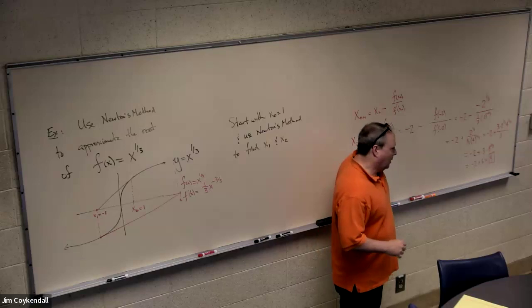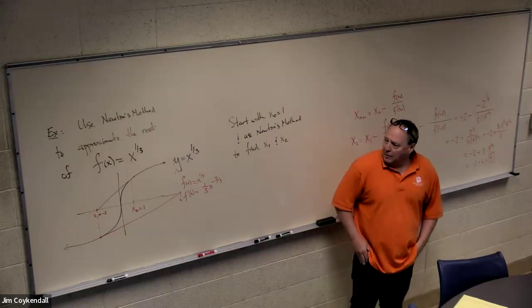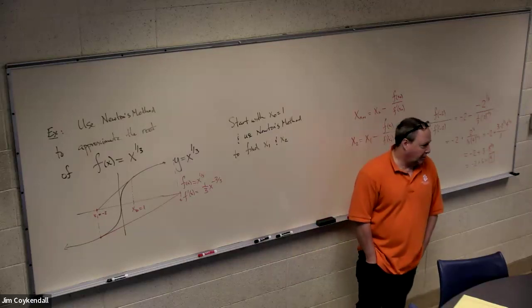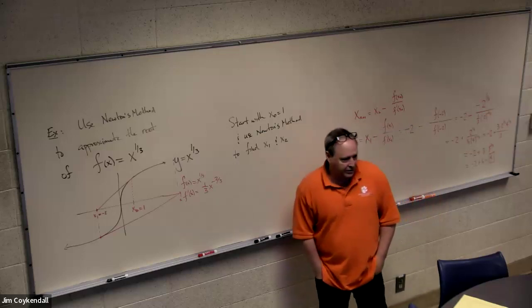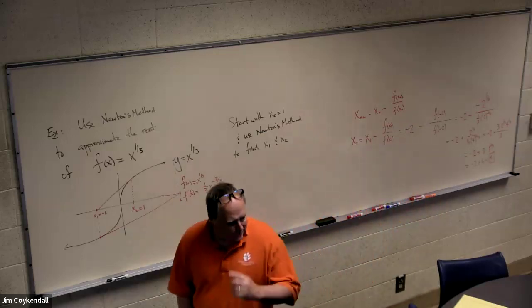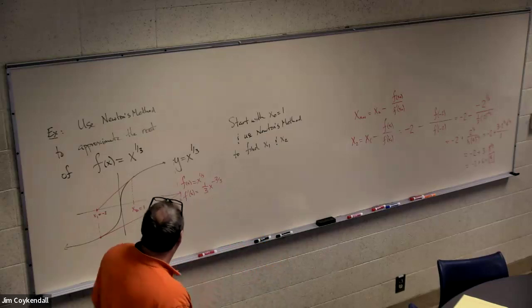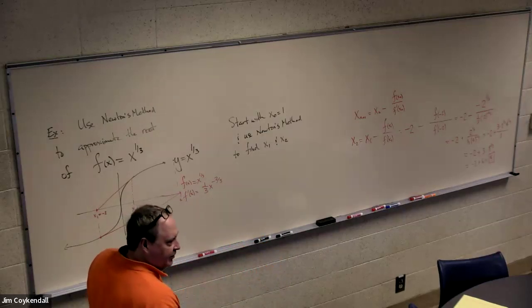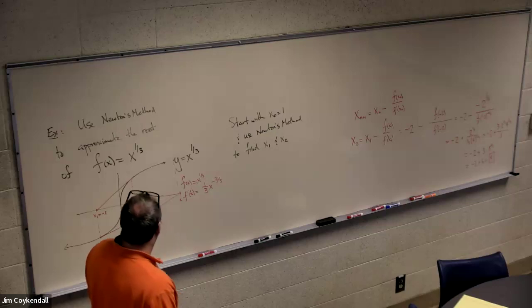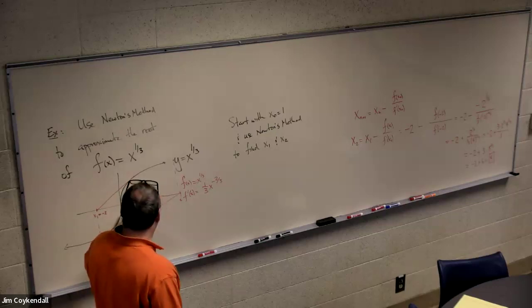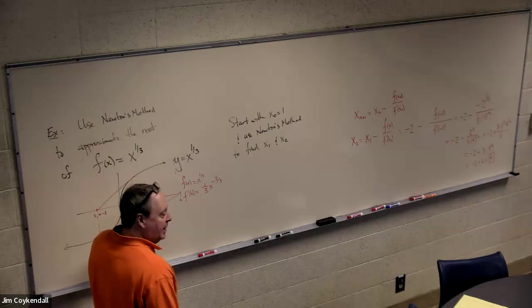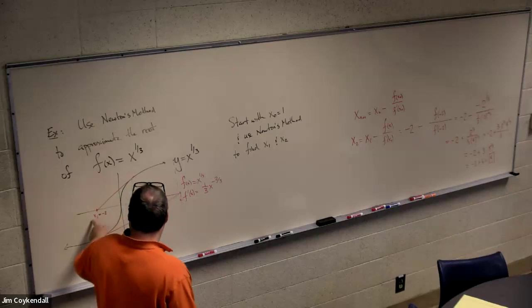Anybody identify what the problem is if we're going to use Newton's method to approximate the root of this function? What happens to successive approximations? Which is a better approximation of the root, the first one we picked or this one?